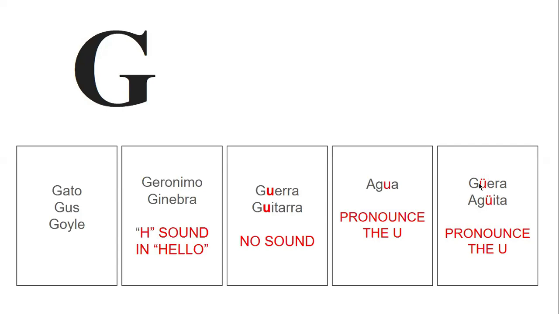But in Spanish it's diéresis. When you see these two points above the u, you have to pronounce the u even if you see these two vowels. So here we pronounce it like güera and agüita. Just remember, in these cases, you do have to pronounce the u.